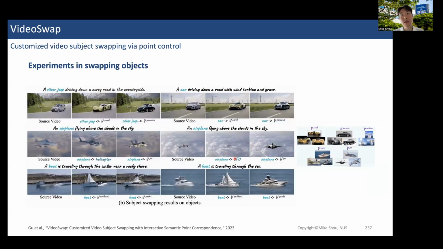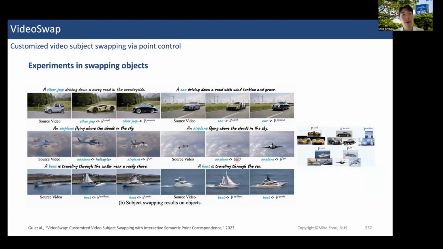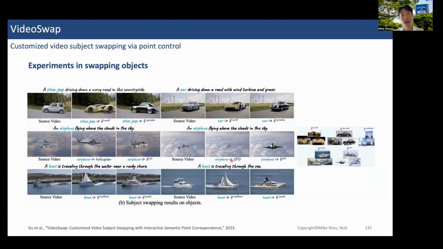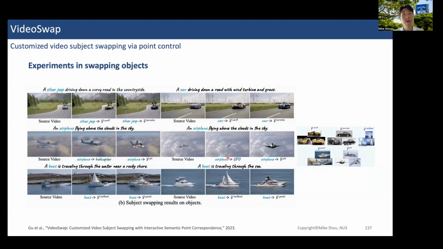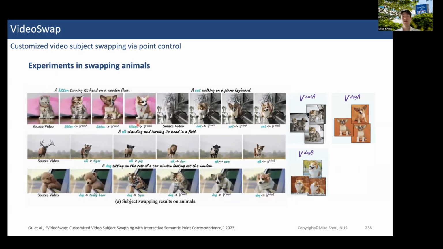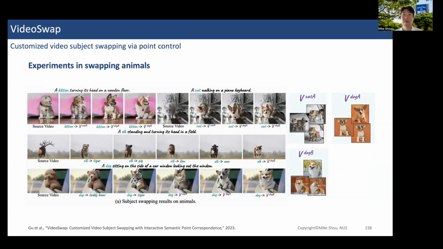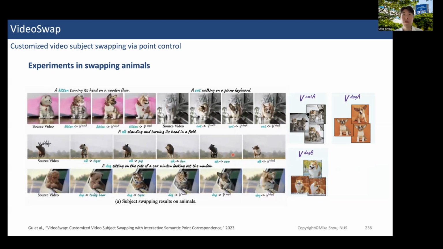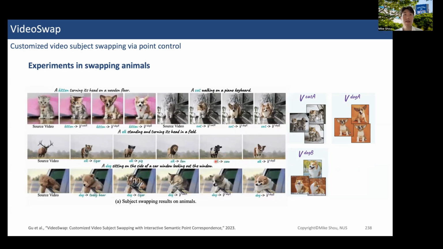Of course, you can also use concepts already learned by the image model, which we use as initialization, like airplane changed to UFO. And these are examples for swapping animals. And these are the different concepts customized by the user. For the others without V, the concepts are already learned.